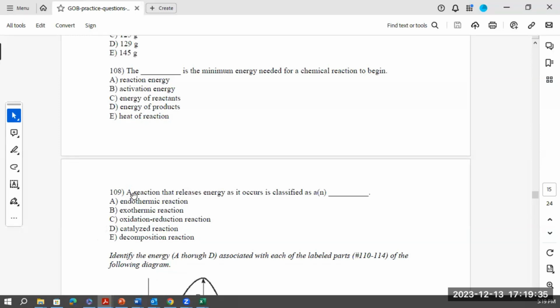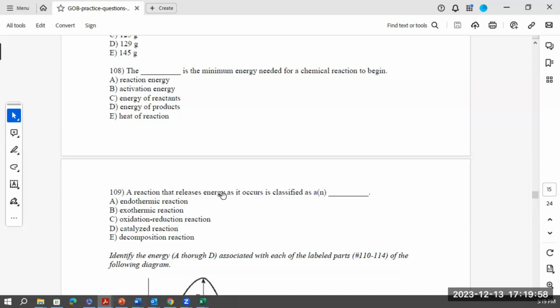Okay. So a reaction that releases energy, what is that called? Is that going to be an endothermic reaction, an exothermic reaction, a redox reaction, a catalyzed reaction, or a decomposition reaction? Exo, that's right. So release, exo. So it's exiting, right?